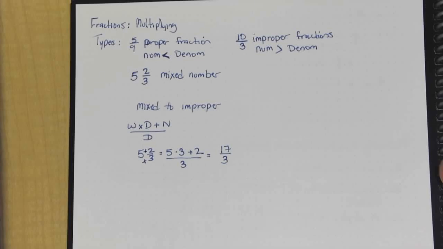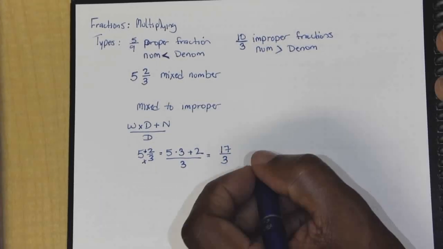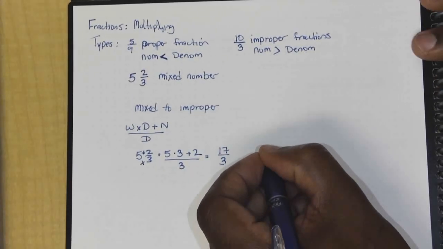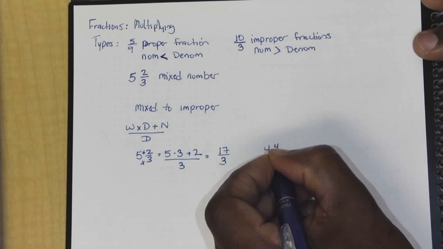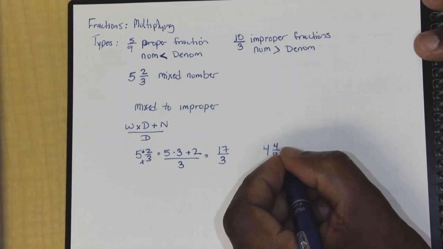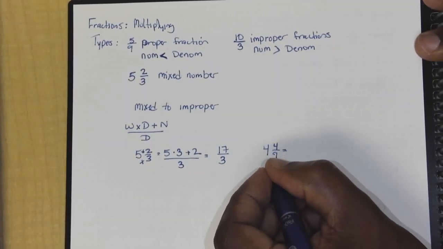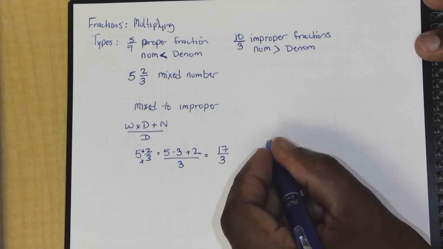Let's do another one. Let's do 4 4/9. Let's do a bigger one. Only thing you do is 9 times 4 and add the numerator.